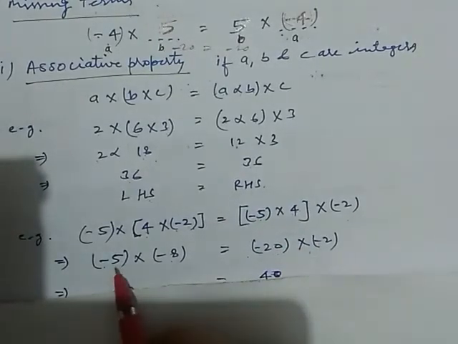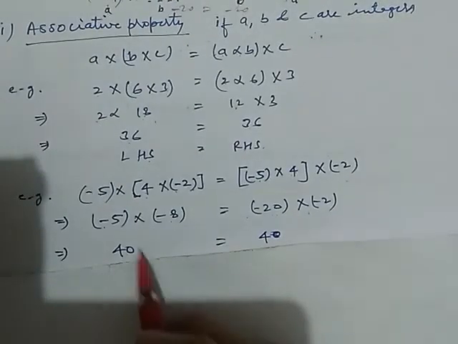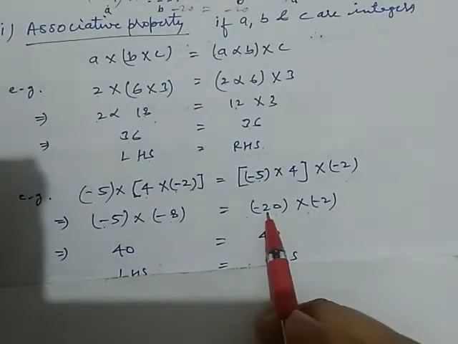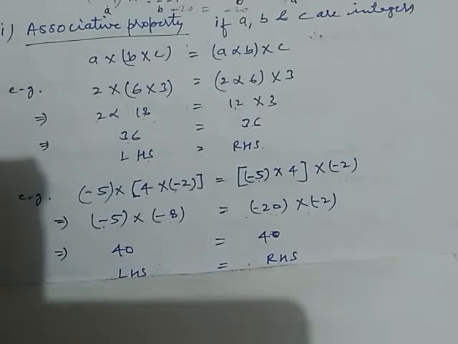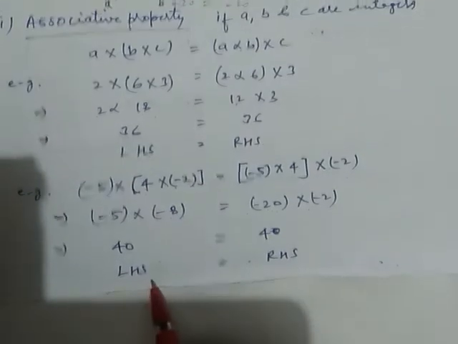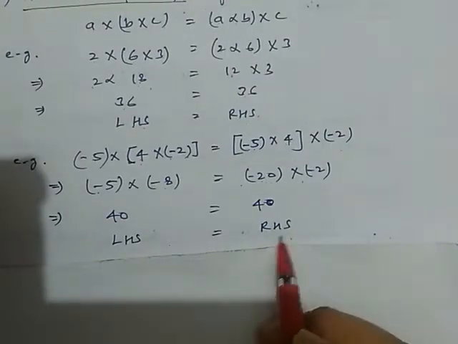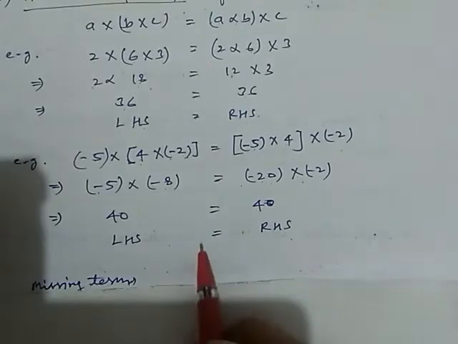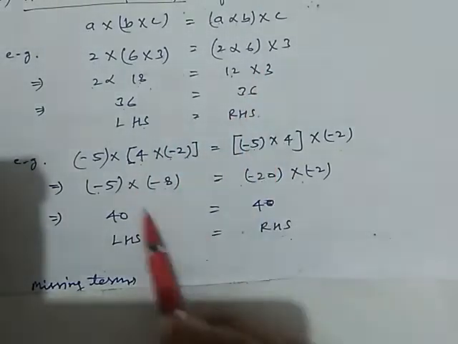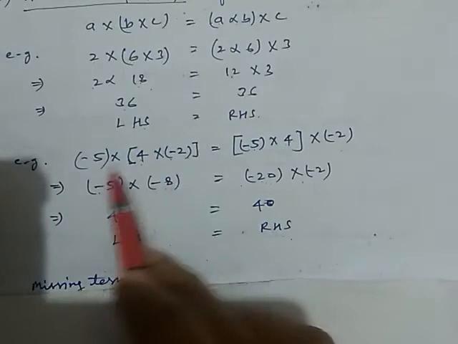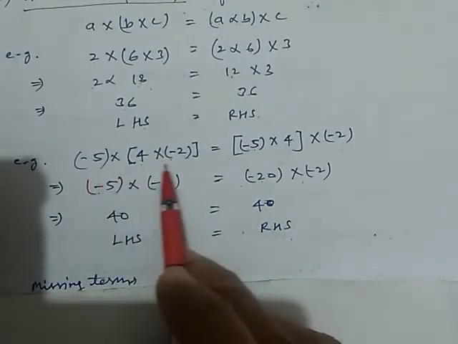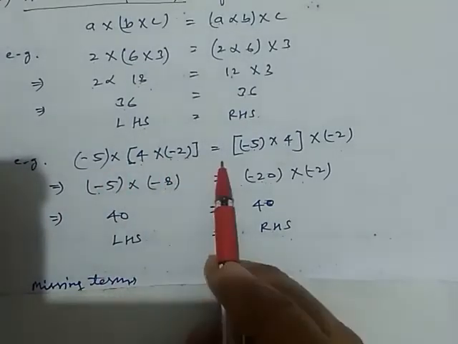Now multiply minus 5 into minus 8, we get 40. Here minus 20 into minus 2 we also get 40. So left hand side and right hand side are equal. So these integers show associative property for multiplication.